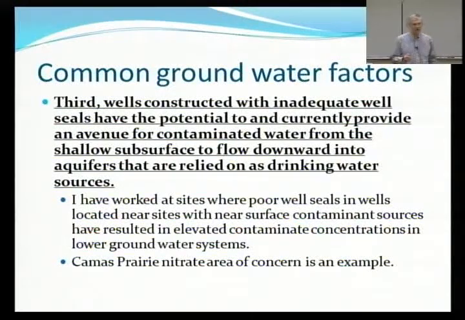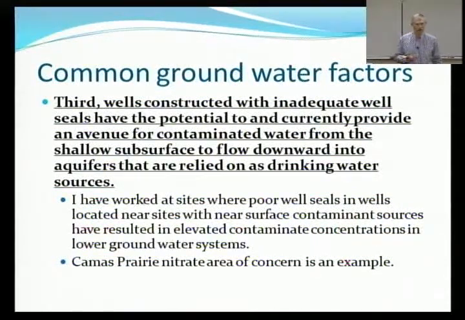The third and final common factor is that wells constructed with inadequate seals have the potential to, and currently actually do, provide an avenue for contaminated water to move from the shallow subsurface, 5 feet below land surface, downward into aquifers that are relied on for drinking water sources.